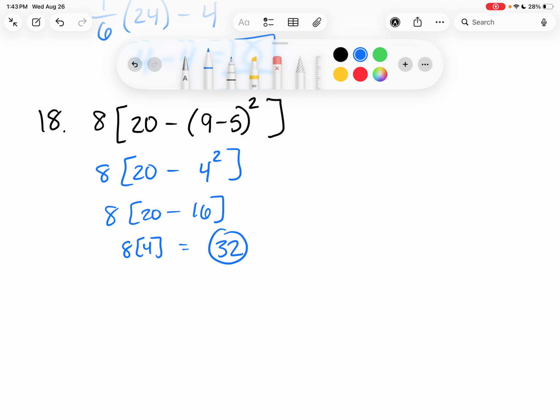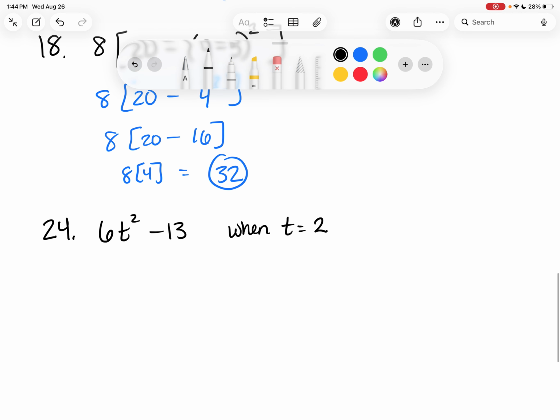The next ones are pretty similar, except they're going to give you a variable and tell you what the variable is equal to, and we have to plug it in and solve, but the process of what we're doing is basically the same thing. So 24, I've got 6t squared minus 13 when t is equal to 2.